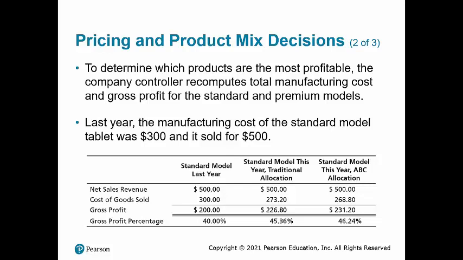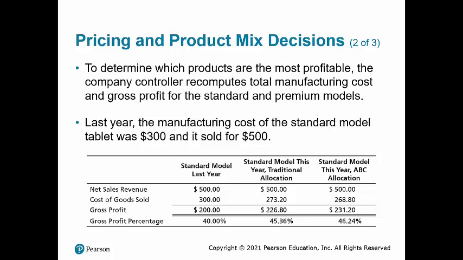$273.20, but using activity-based costing, we have determined that the cost per unit for the standard model will be $268.80. If we maintain the price of the standard model of $500, that would yield a gross profit of $231.20 per standard model, or a 46.24% gross profit percentage.